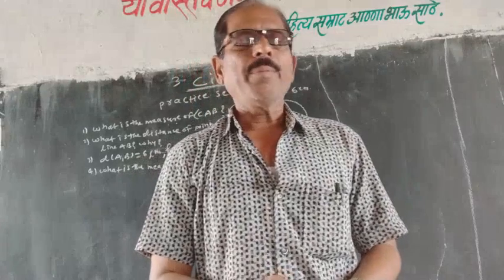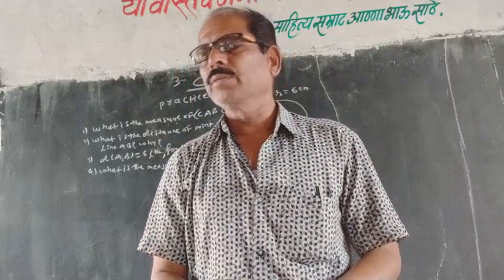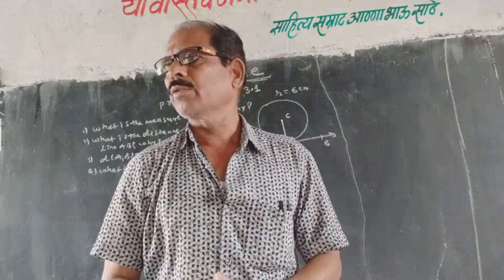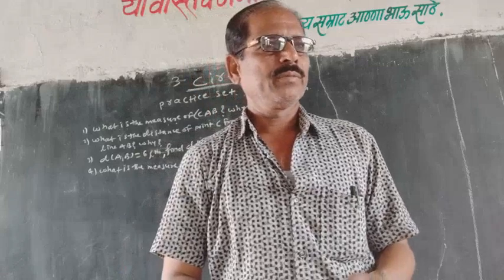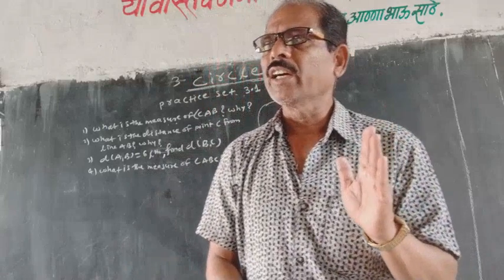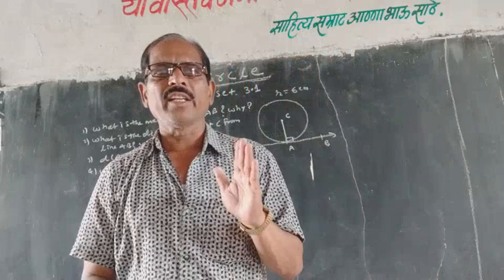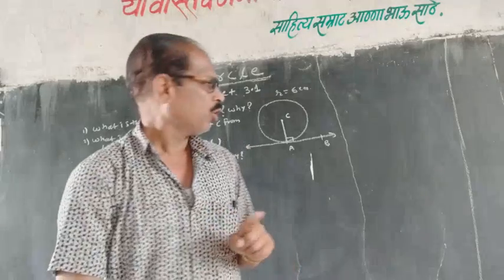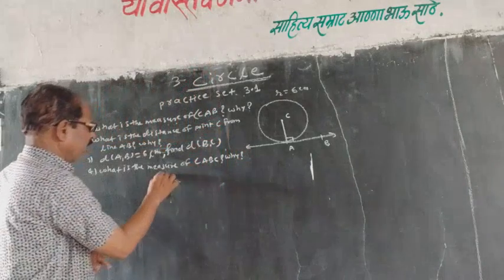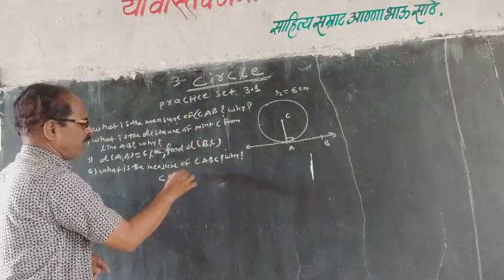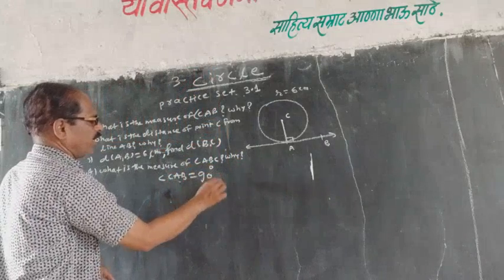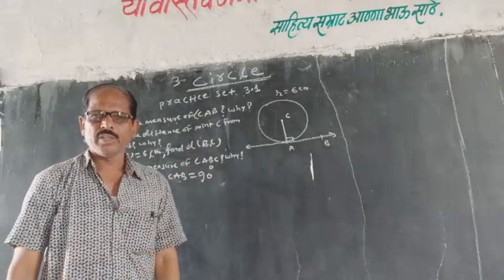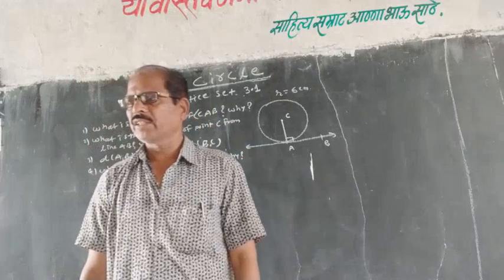When a perpendicular is drawn from the center of the circle to the tangent at the contact point, the angle is 90 degrees and the radius is perpendicular to the tangent. So angle CAB is equal to 90 degrees, and the reason is the radius tangent theorem.